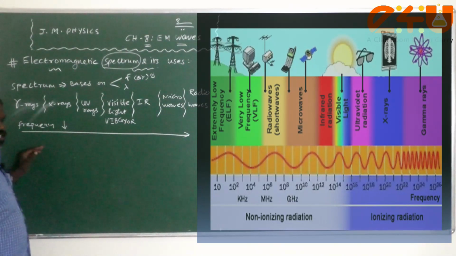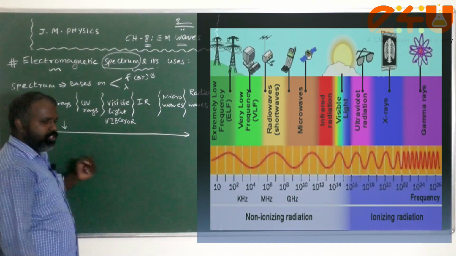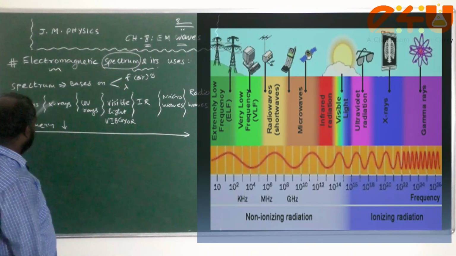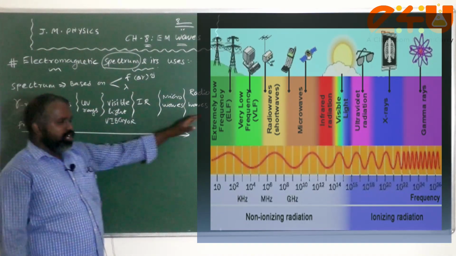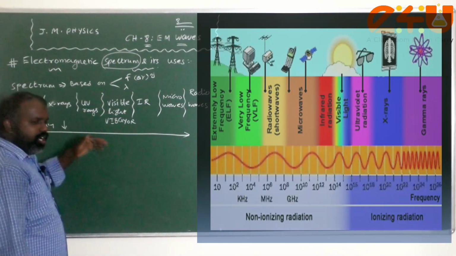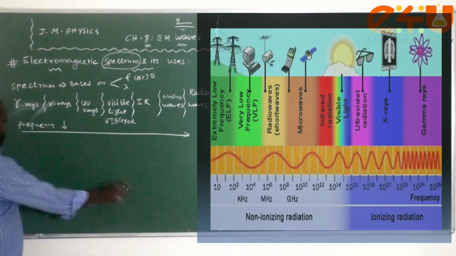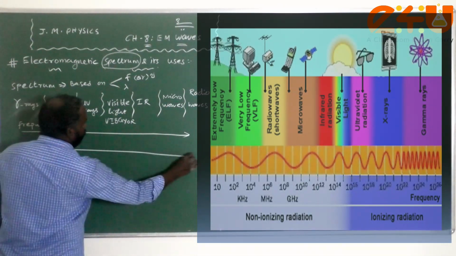We know what ascending order and descending order are. That type of question is very important. Descending means from higher frequency value to lower frequency value. The same can be said in terms of wavelength.